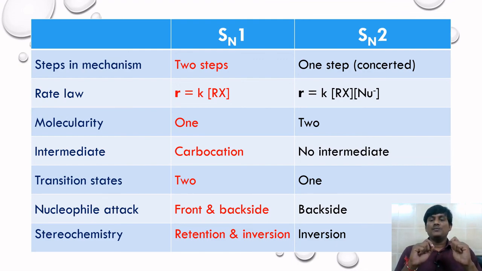In SN2 there is no possibility of front side attack, only back side attack. Let us take the stereochemistry. Here in the case of SN1 there is a possibility of retention and inversion due to front side and back side attack of the nucleophile. In SN2 there is only inversion of configuration due to backside attack of the nucleophile. Thank you.